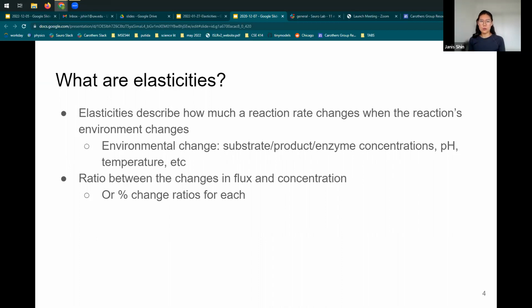Put another way, it's a ratio of percentages. A substrate elasticity of 1 means that if I change the substrate concentration by 3%, then the reaction rate also changes by 3%.